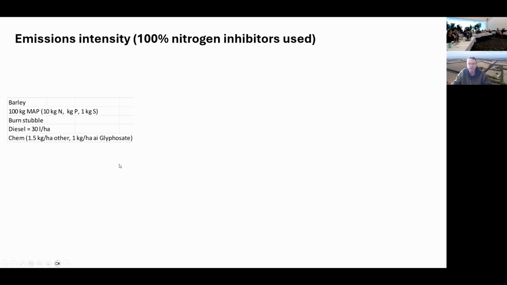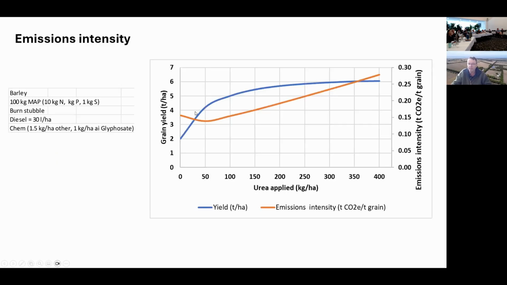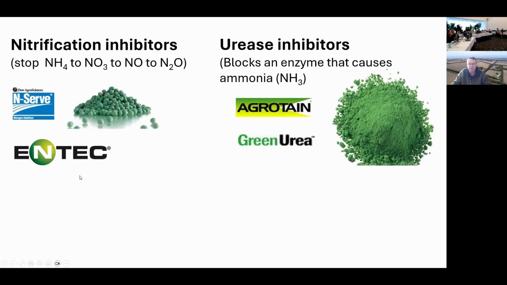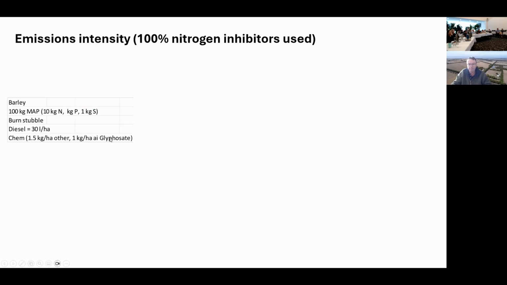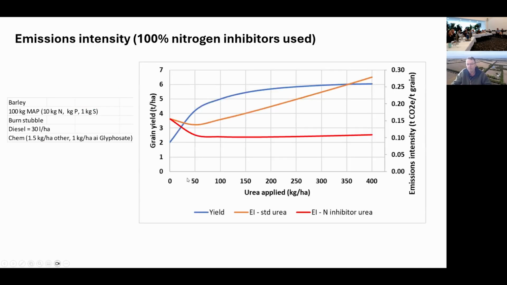But what I did want to highlight is if we swapped in that example that I had before, this one that I showed you here, and the urea that I was using across here wasn't normal urea or your bog standard urea, but it was nitrogen inhibited urea. As the numbers go up, what does this actually do to your emissions intensity?